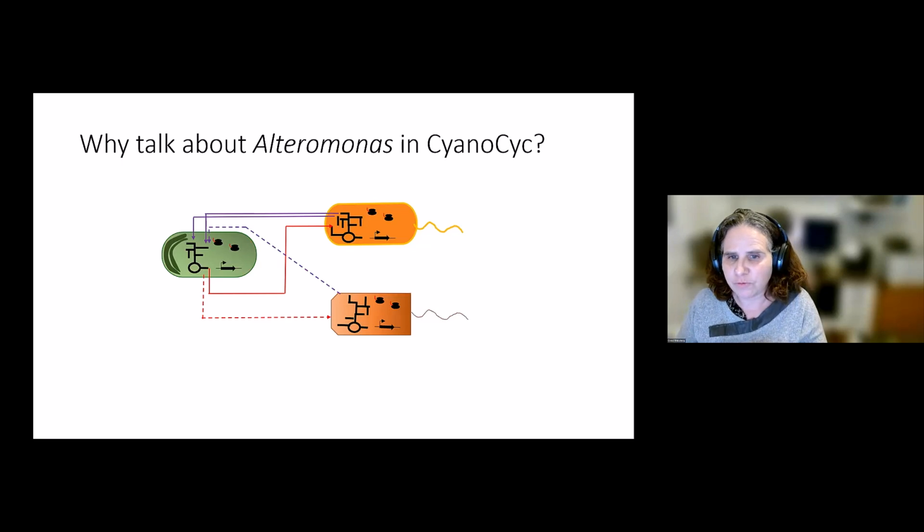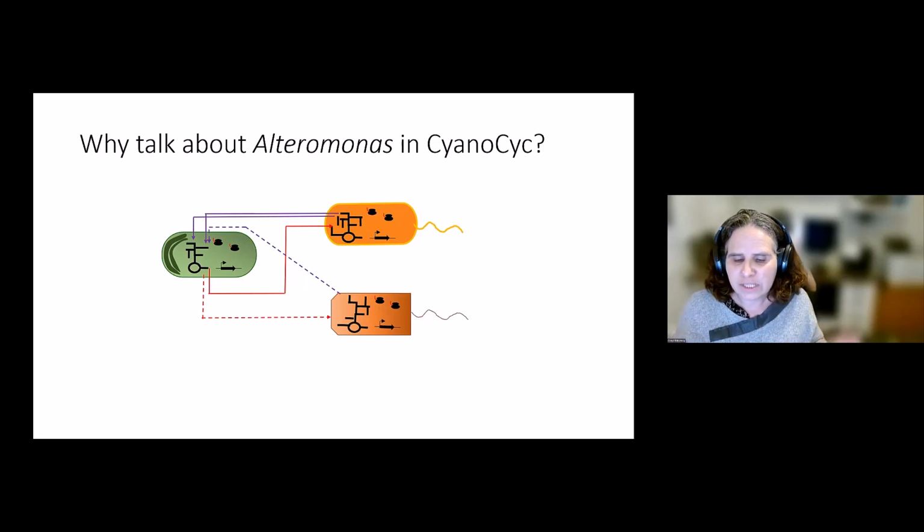There seem to be both positive interactions. It helps Prochlorococcus survive in the dark. It helps it survive starvation. It helps it survive multiple stresses. But there's also some inhibition going on. So we are seeing both of these.